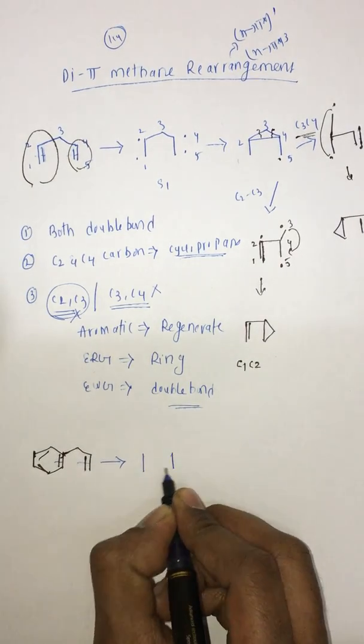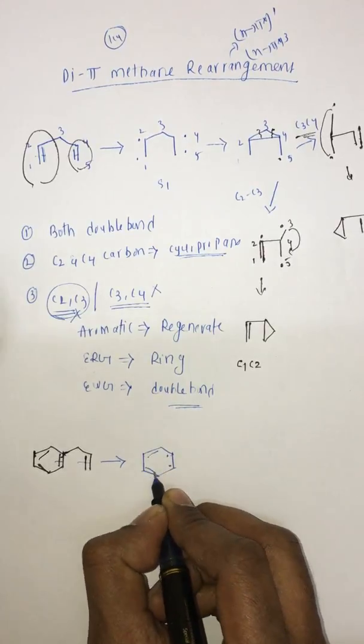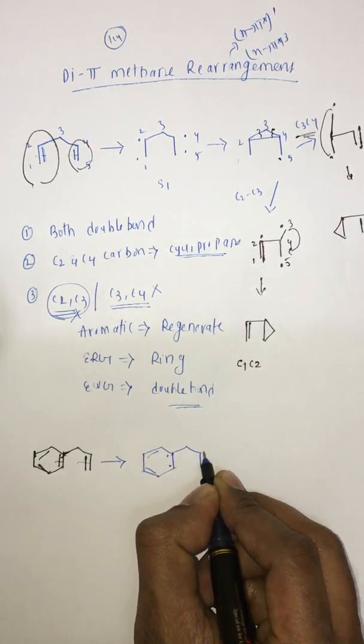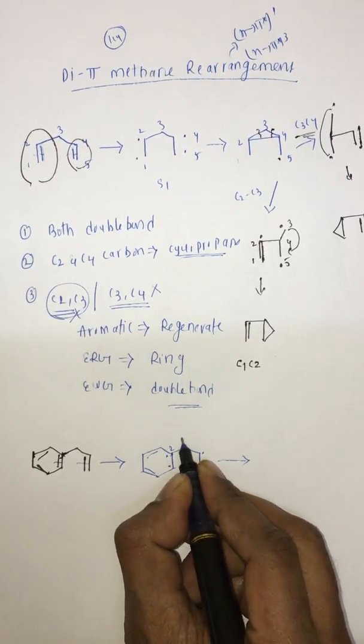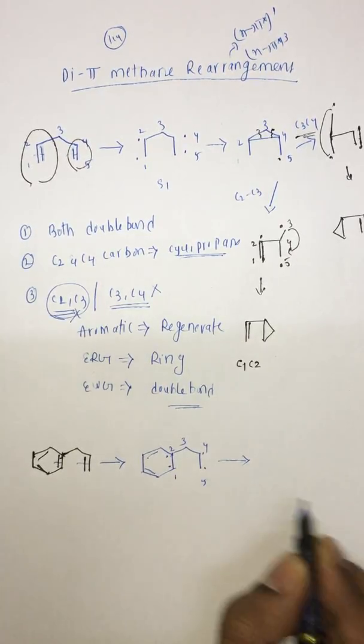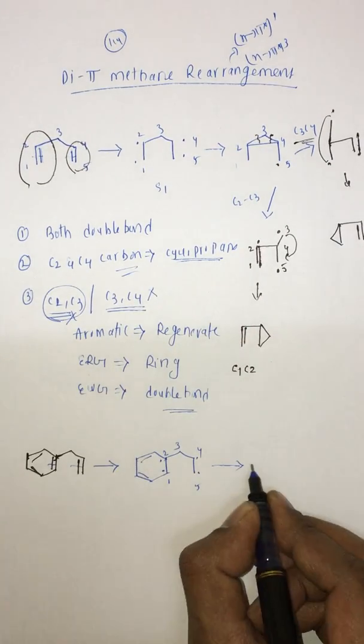Now we have radical here and also radical here. So this is 1 2 3 4 5. In the next step we have C2C4 bonding. These two form a bond.